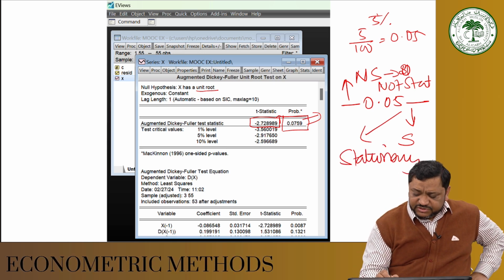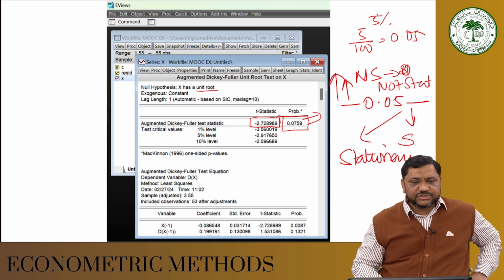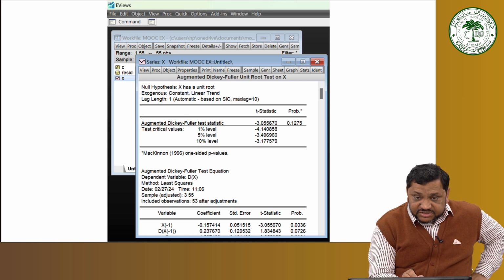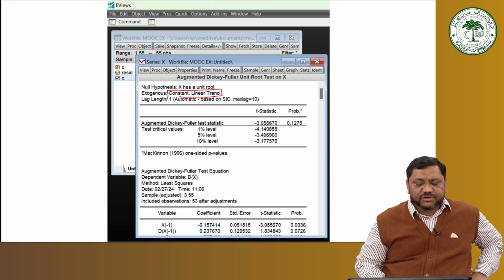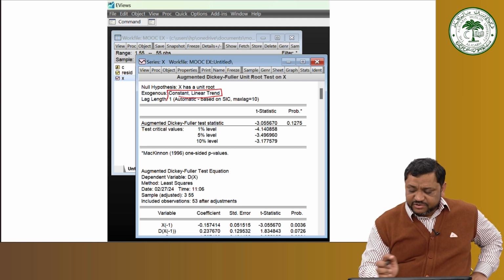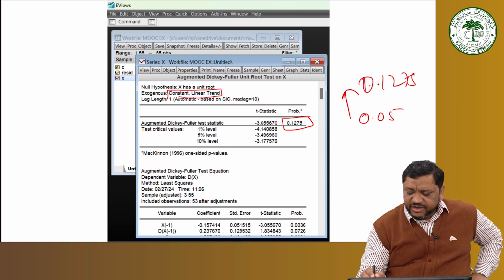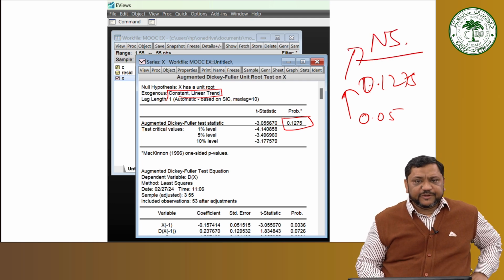So when we take the first equation, this is 0.07, it is more than this, so the data is not stationary. Next time we take the second equation, constant, and we have taken the linear trend along with it. Again this value, 0.1275, is more than 0.05, so it is not stationary.